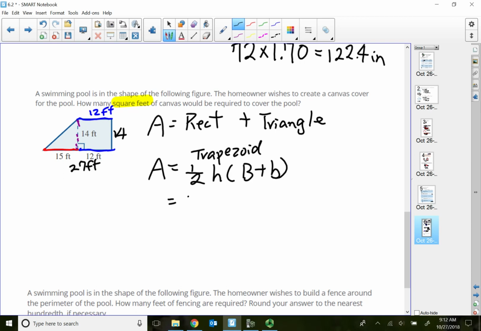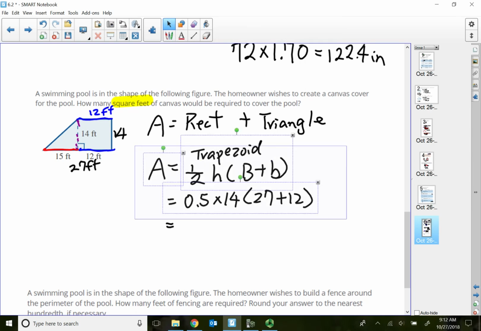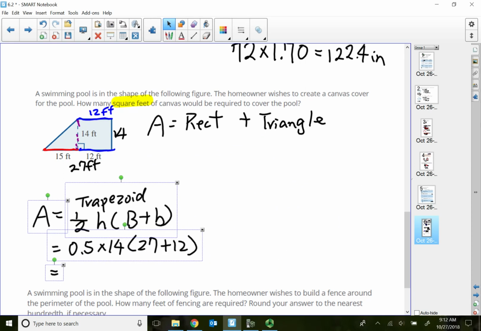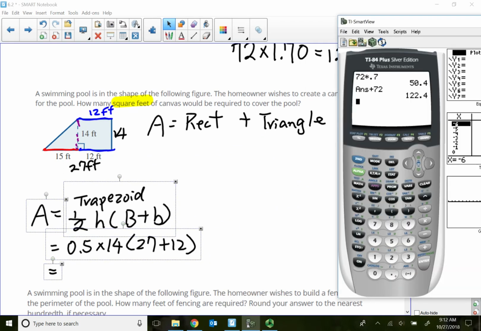So that will give me 0.5 times the height 14 of the trapezoid times the big base, which is 27 feet, plus 12 feet. All right, I can do it that way. Let me see what the answer is real quick. 0.5 times 14 times parenthesis 27 plus 12. So my entire area is 273.